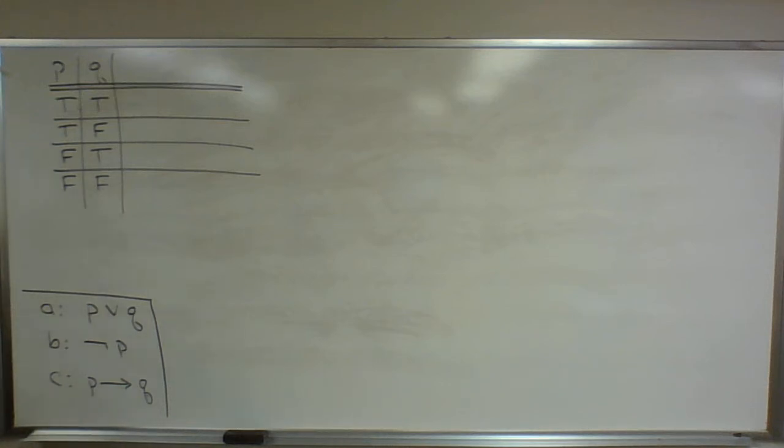So let's see, what do we need to do? I guess we can do any of these first, so just let's go A, B, and C in this case. A, P, or Q.